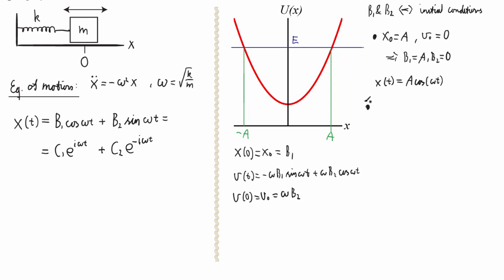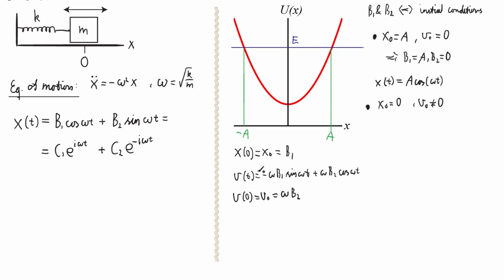Another possible way you can start the oscillator is by keeping the oscillator right at its equilibrium position, and giving it a little kick, so that at time t equals 0, its position is 0, but it has some initial velocity v0. So now we have x naught equals 0, and we have v naught not 0.